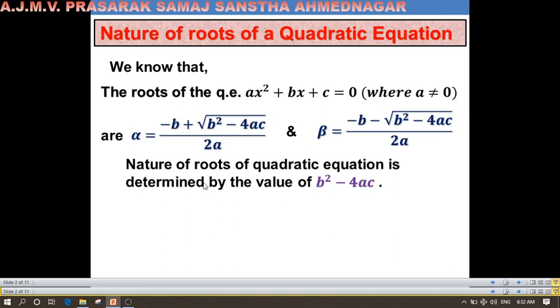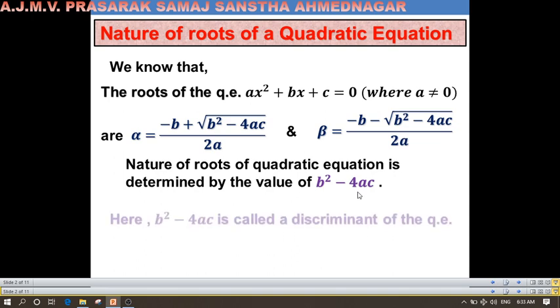See, nature of the roots of quadratic equation is determined by the value of b square minus 4ac. So nature of roots of given quadratic equation depends upon this b square minus 4ac.